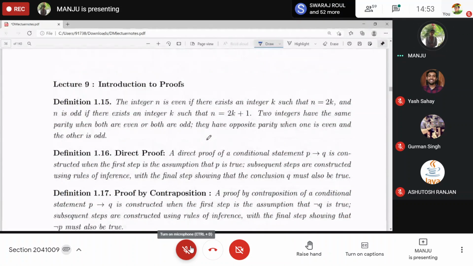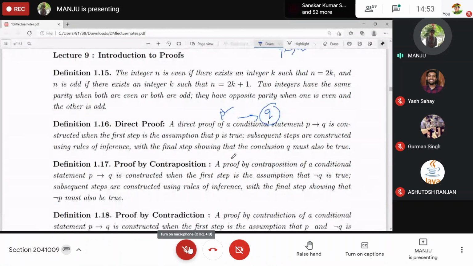In direct proof, in all the statements we are just trying to prove P implies Q. So in direct proof, we take P as true, and then we prove Q. So we assume P, and by using some rules, we prove Q. In contraposition, we assume negation of Q and we prove negation of P. Contraposition of P implies Q: you assume the negation of Q and you prove the negation of P.